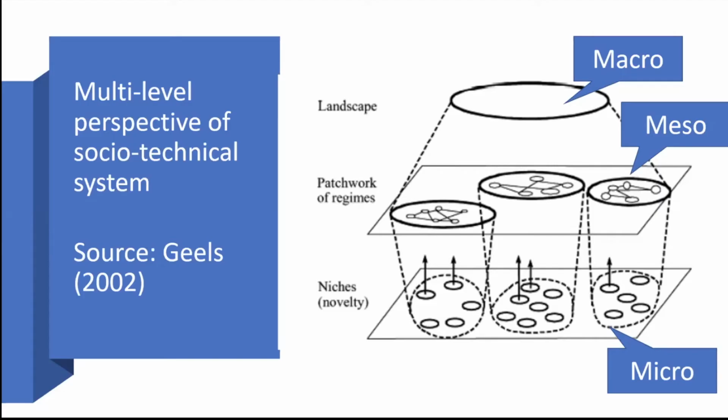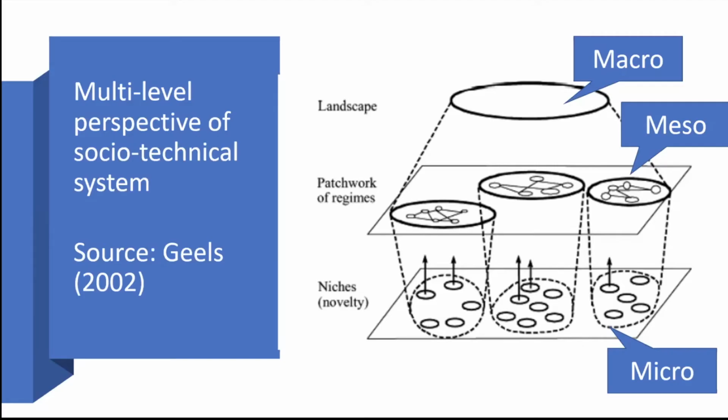Now these innovations occur at micro level, and they should be translated to meso level. And here, when this is needed, the landscape, that is macro level, which is full of policies and strategies and the outer environment, influences heavily how these innovations will get dispersed or marketed into the regimes.